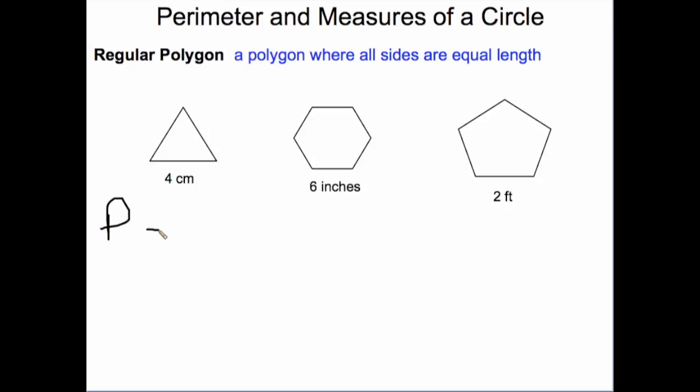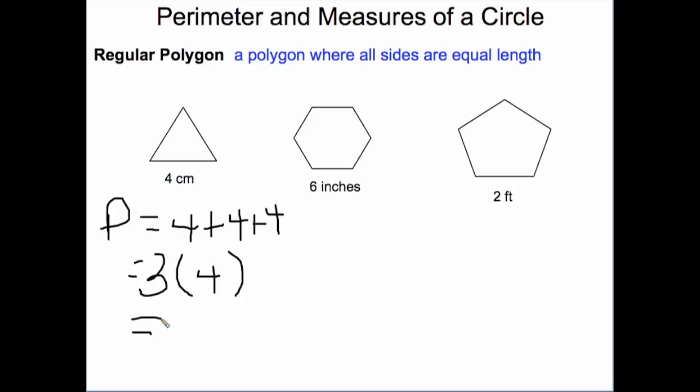Okay, so perimeter here equals 4 plus 4 plus 4, or I could do 3 times 4 since I have 3 sides. And that's going to be 12 centimeters. Well, here I have a hexagon. I don't want to write all of that addition problem.